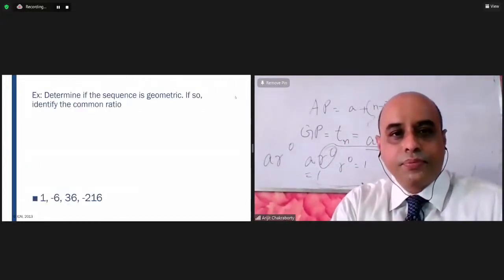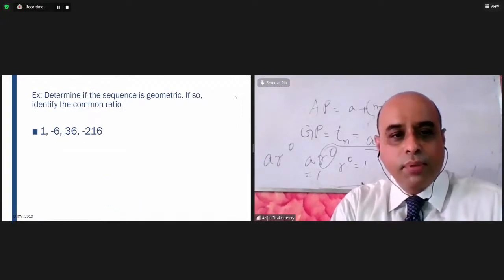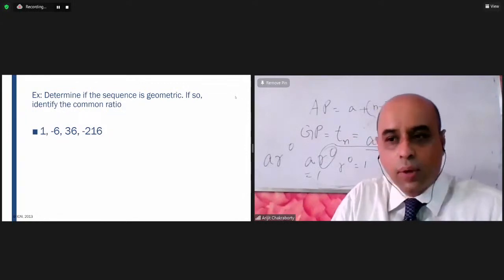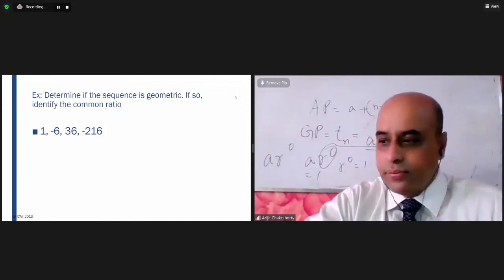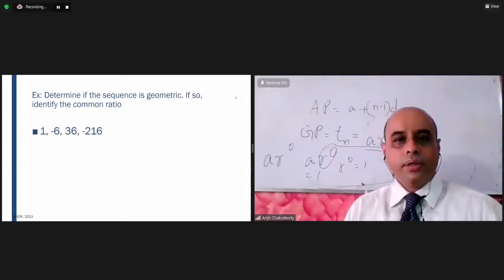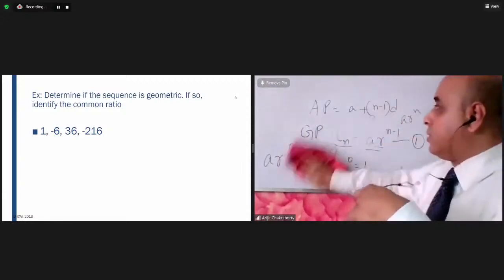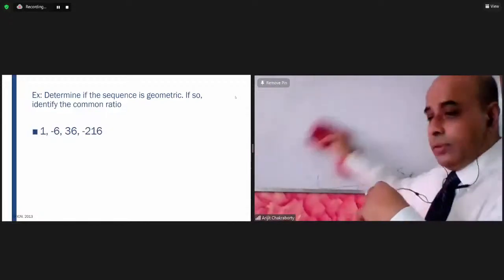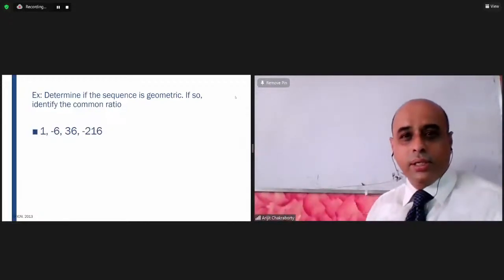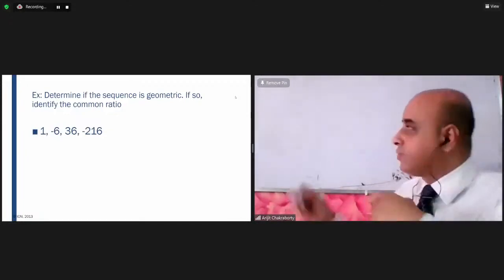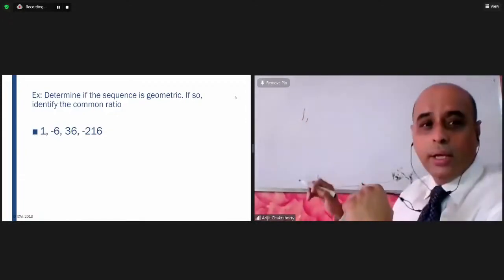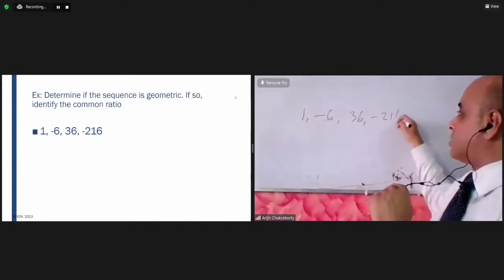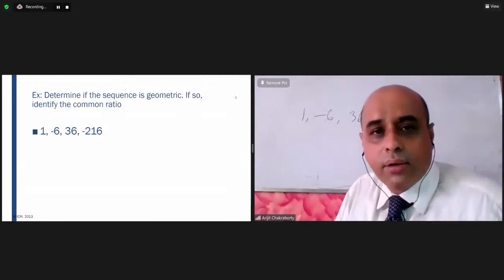So let us take the first example: 1, -6, 36, and -216. Let us see whether this sequence is geometric. As I said, in this example there is something negative. The first term T1 is 1, then the next term is -6, then 36, then -216. We will try to find the common ratio.